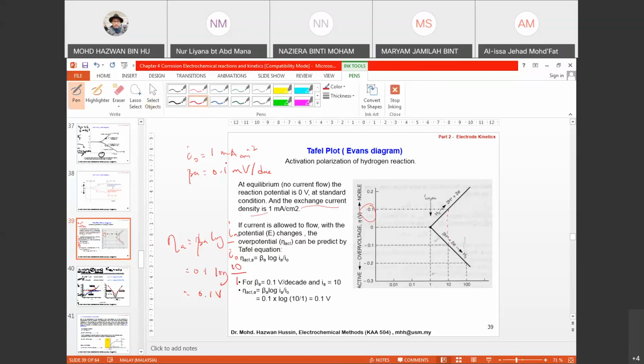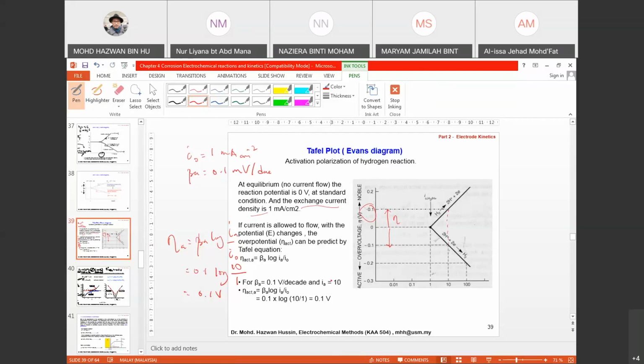Yes, let us see. If you actually calculate, you will get the same value. I didn't try it, but basically you will get the same value. For your eta A, if it is an equal polarization potential range, then you will get the same distance for eta A and also eta C. So more or less, you will get almost the same value.